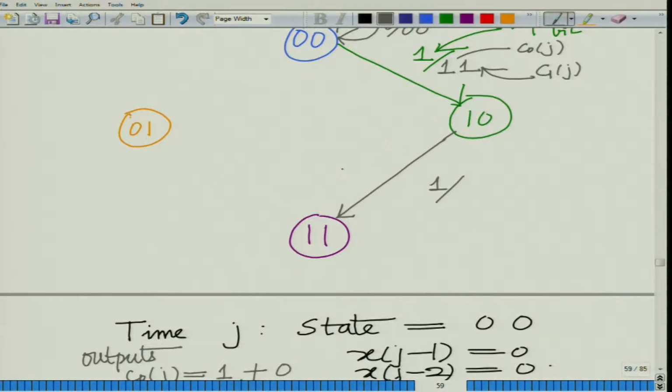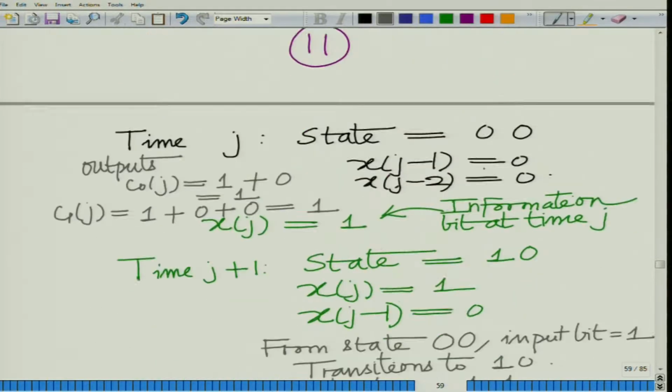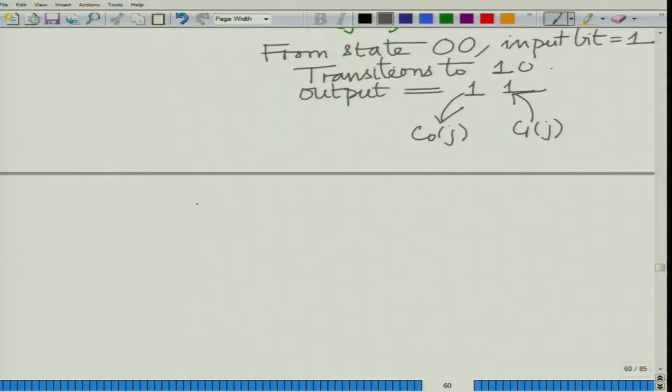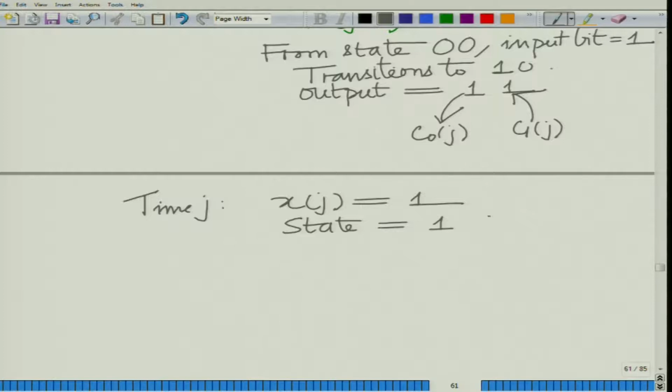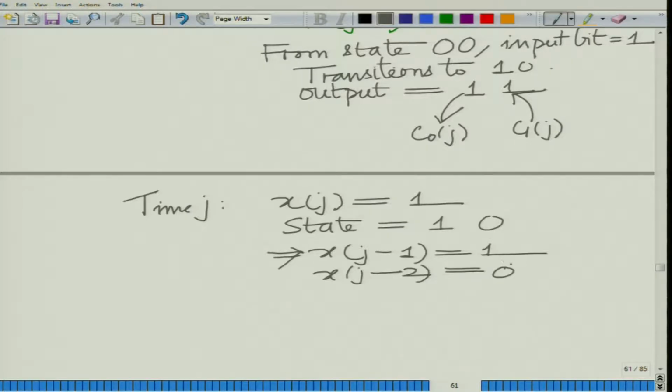The output, for the purpose of illustration at time j: xj equal to 1, state equal to 1 0, which implies xj minus 1 equal to 1, xj minus 2 equal to 0.